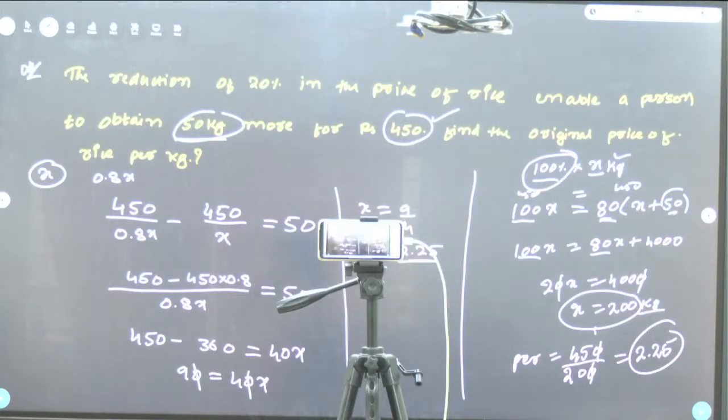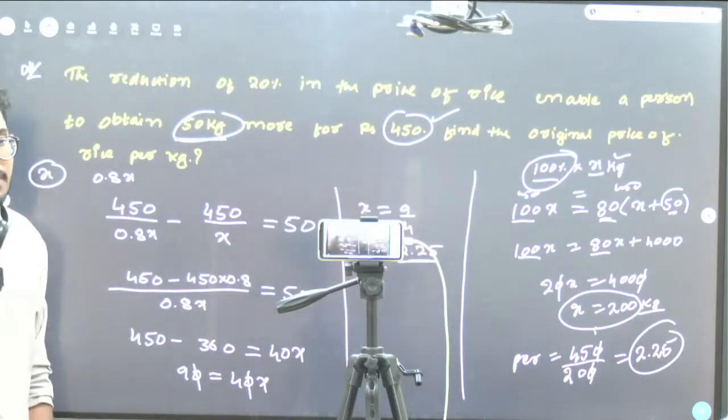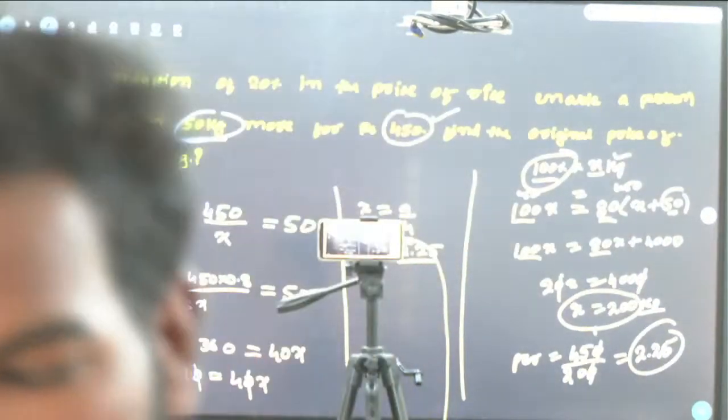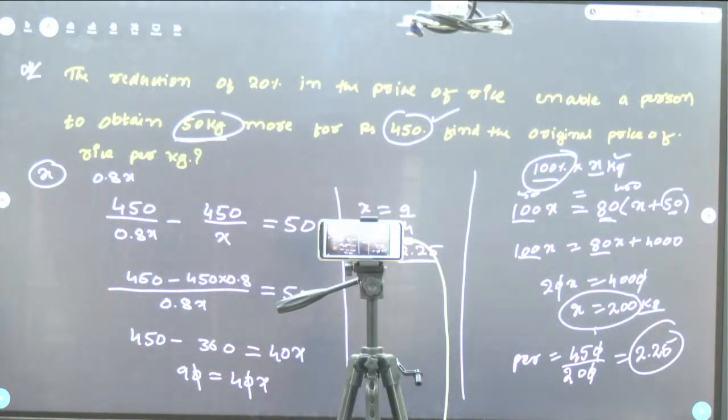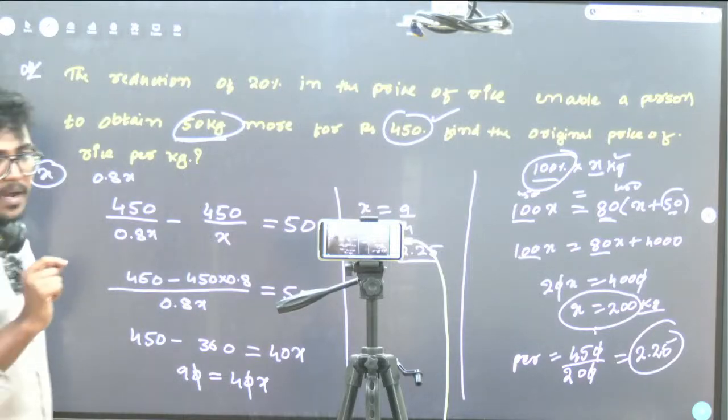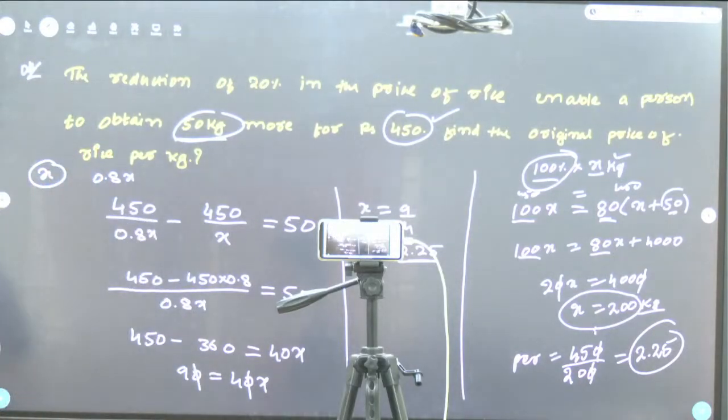Next, same type question. Due to 20% reduction in the price of sugar per kg, Ram is able to buy 5 kg more for rupees 800.